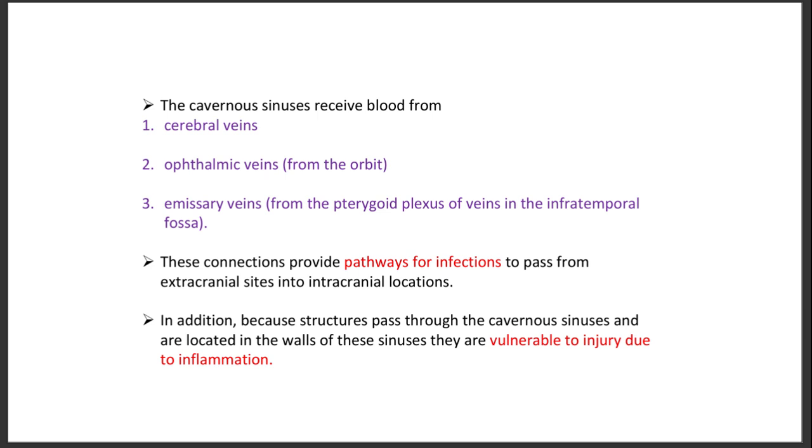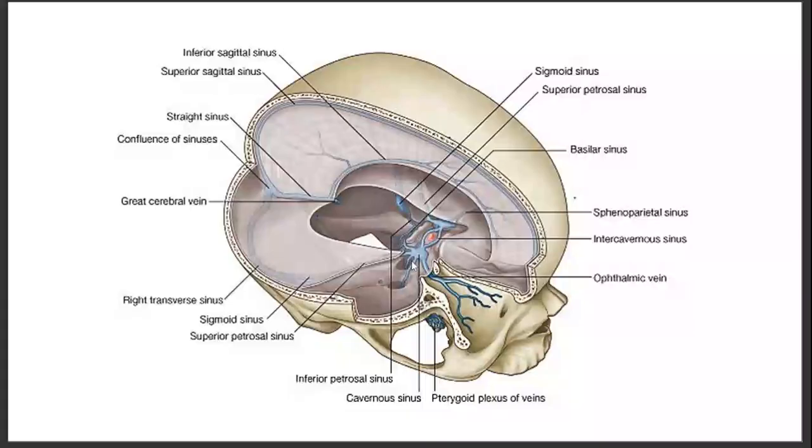Okay, emissary veins, these are veins that just connect the area that is outside the brain or outside the cranium, extracranial communication. So, let's say, for example, from the pterygoid plexus or veins in the infratemporal fossa. So, the pterygoid plexus of veins in the infratemporal fossa will communicate to the cavernous sinus via the emissary veins, and it's a pathway of infection.